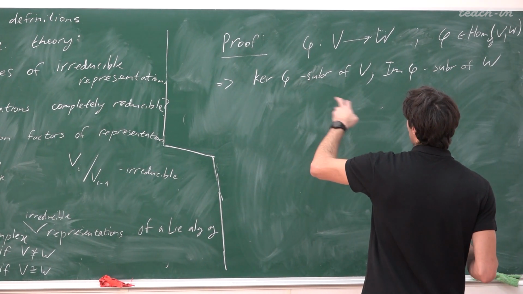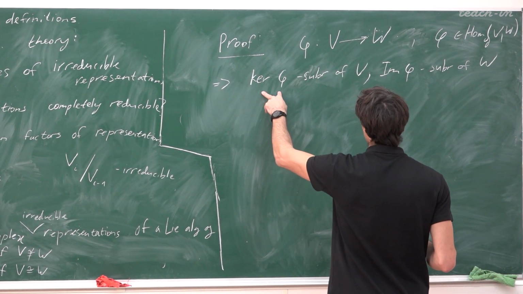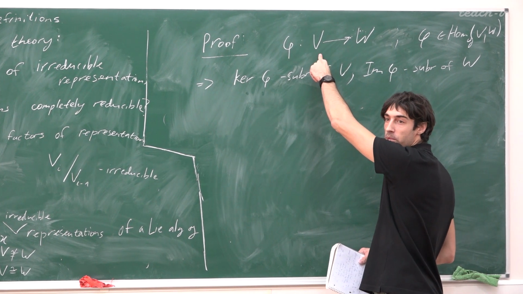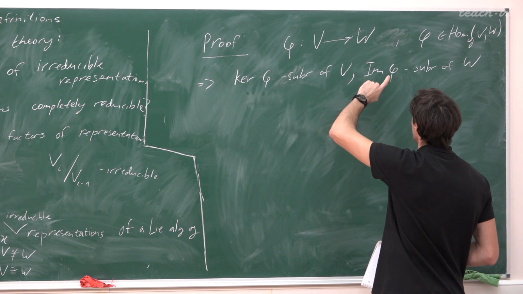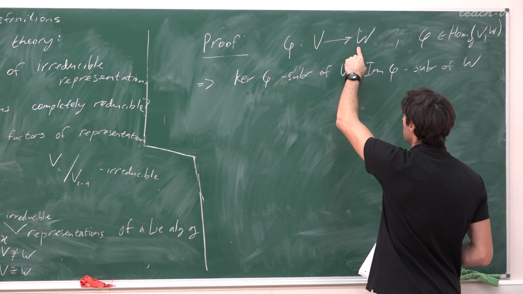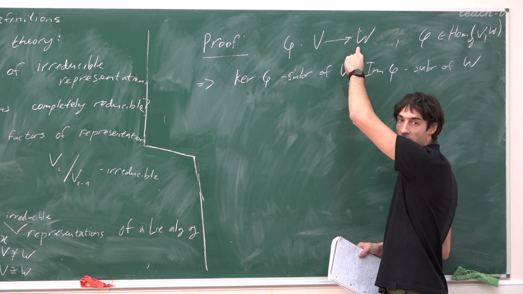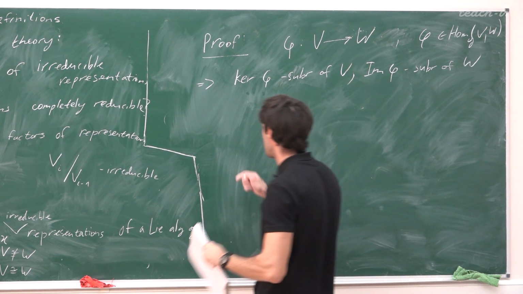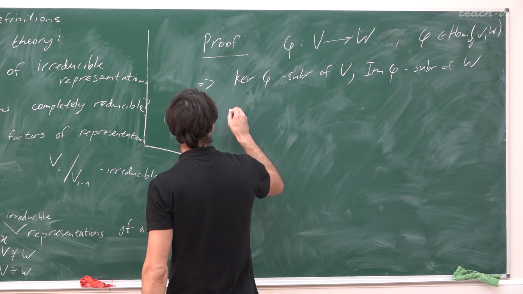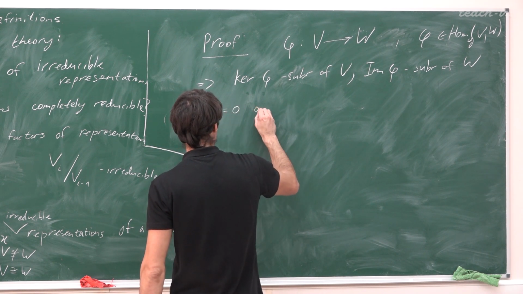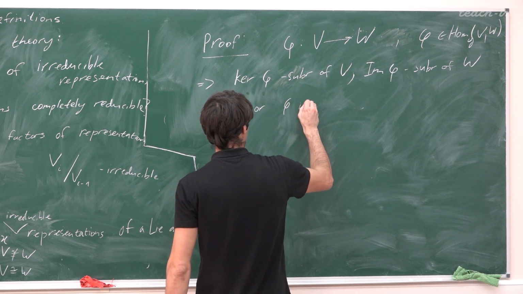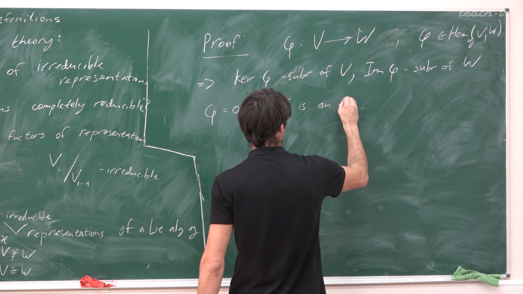So the kernel of phi is then either 0 or V, since it's a subrepresentation and V is irreducible. And the image of phi is either 0 or W. In other words, either phi is 0 or phi is an isomorphism.